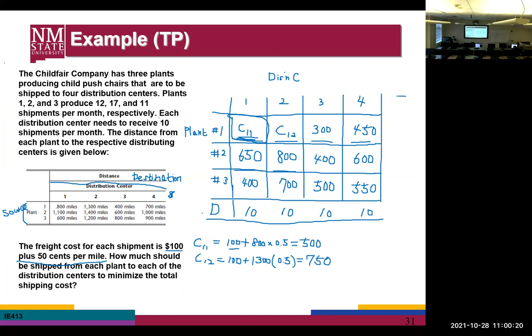How about the supply amount? That would be 12, 17, and 11. Yes, that's correct. So let's say plants 1 to 3 produce 12, 17, and 11 shipments per month, respectively. That's going to be our maximum supply amount.